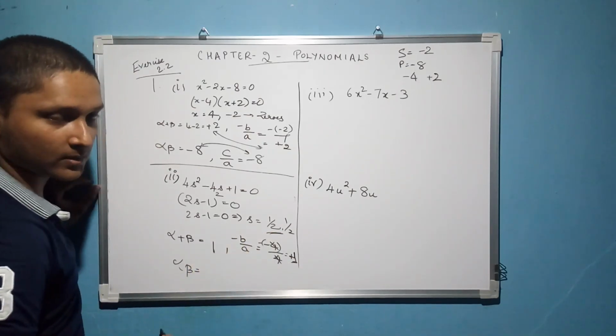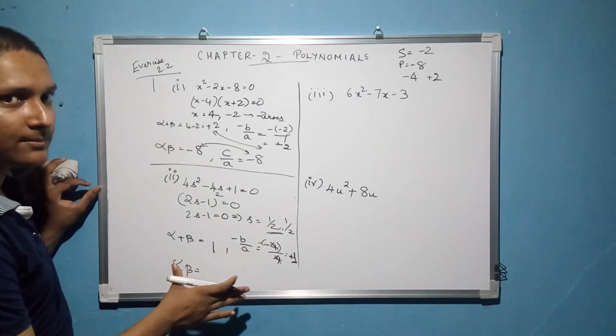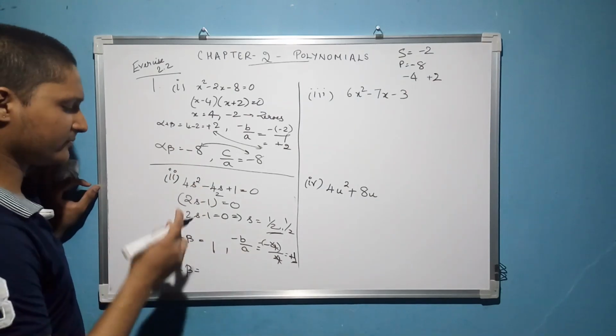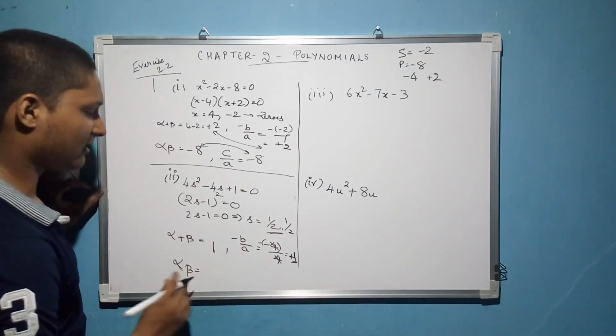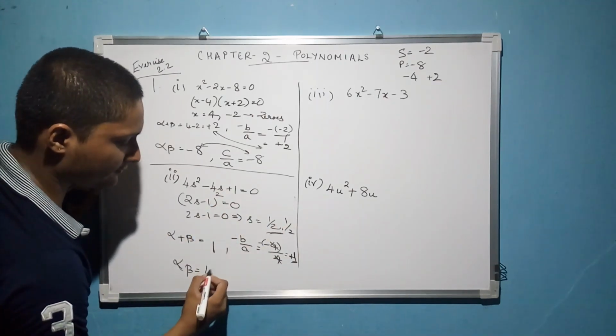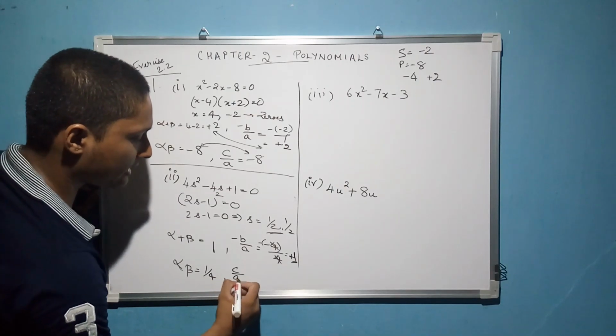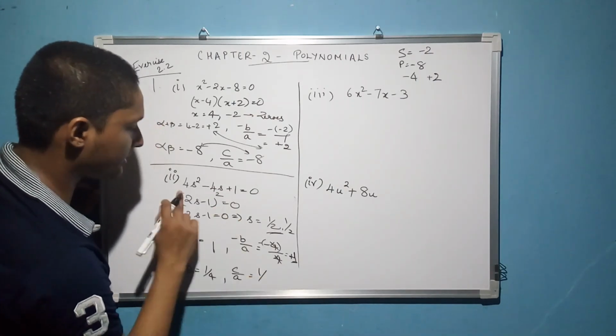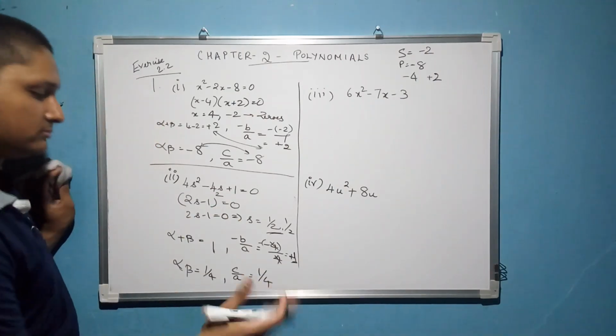So both come to be equal, right? Alpha beta is how much? Half into half. Half into half is 1 by 4. C by a is 1 divided by 4. So both are equal? No problem.